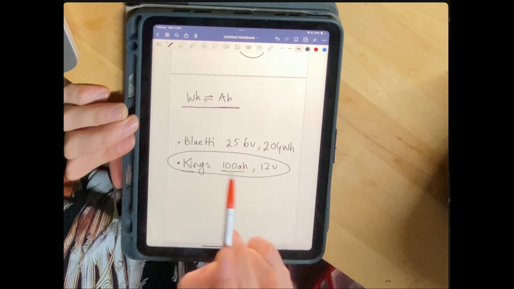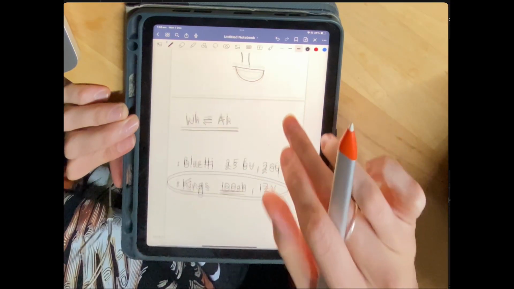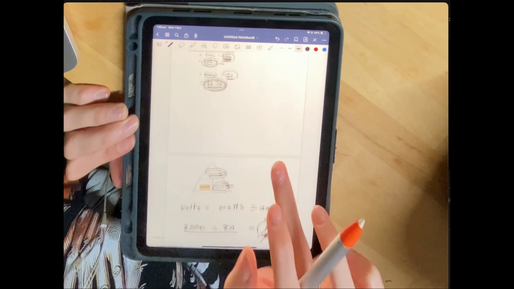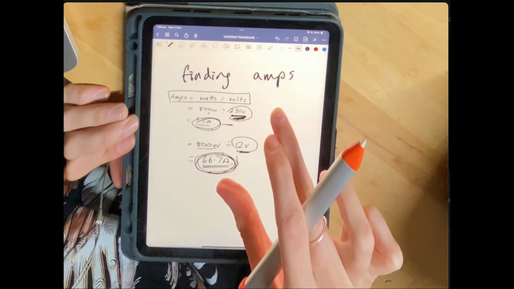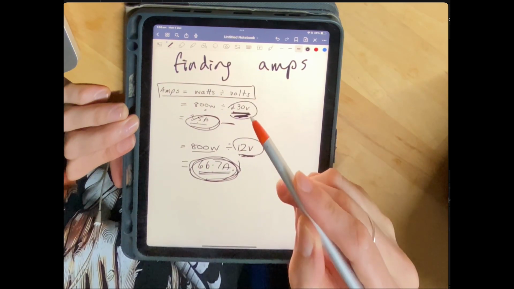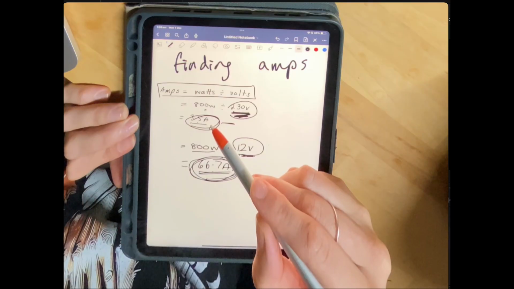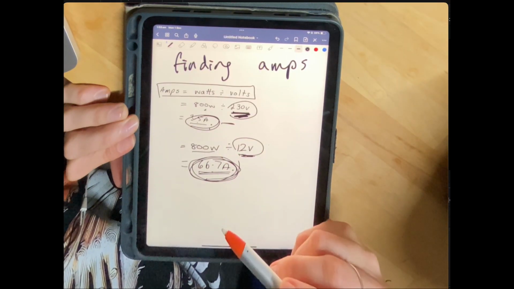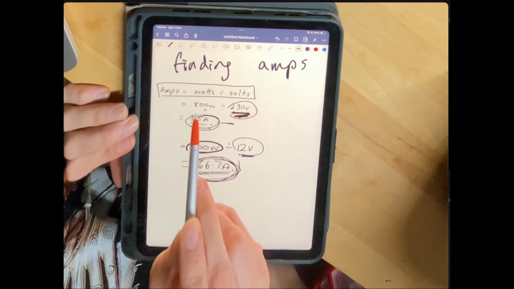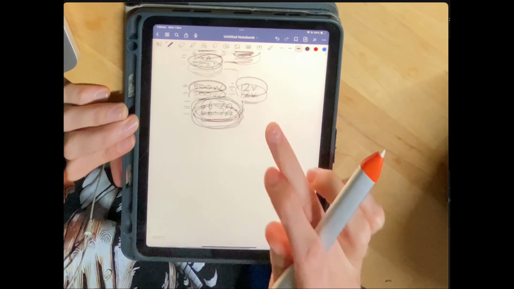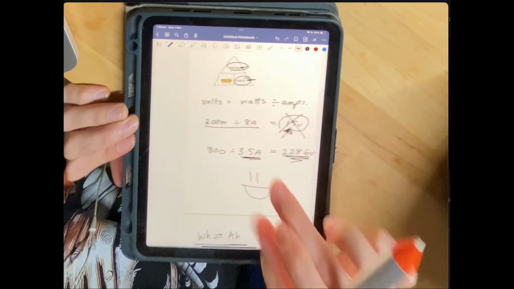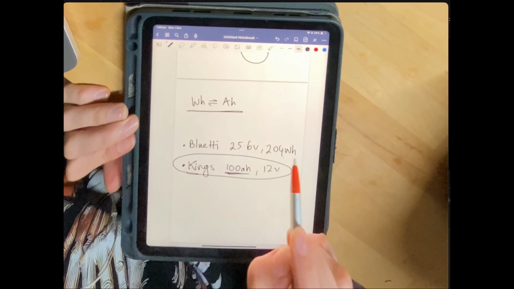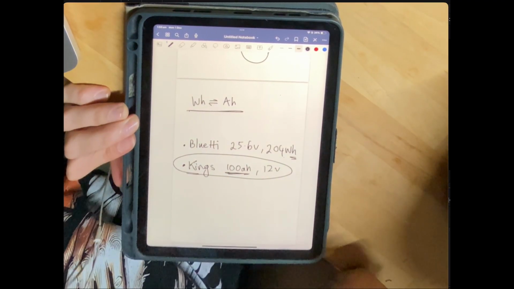This one's in amp hours, and we know that amp hours or amps change depending on the voltage. We saw that here with the toaster. At 230 volts, it was only 3.5 amps, but at 12 volts, it was 66.7 amps, even though the watts were exactly the same. So it is better to work in watts, or in the case of capacity, watt hours, than it is to work in amps.